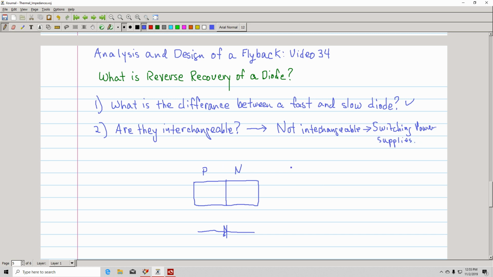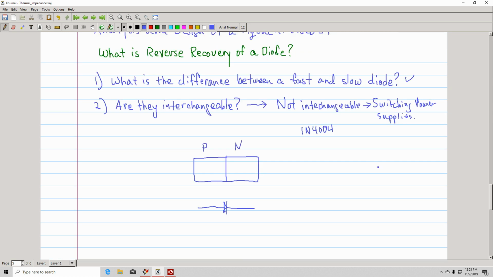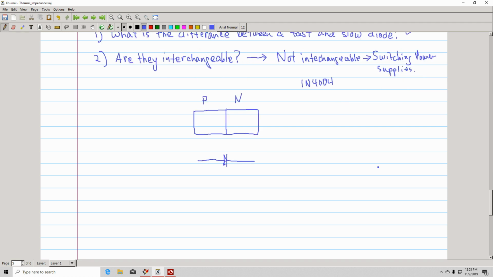Switching power supplies, which is the subject of this channel. The example that I'm going to be using for a slow diode is the 1N4004. Let's see if I can explain what this reverse recovery is.